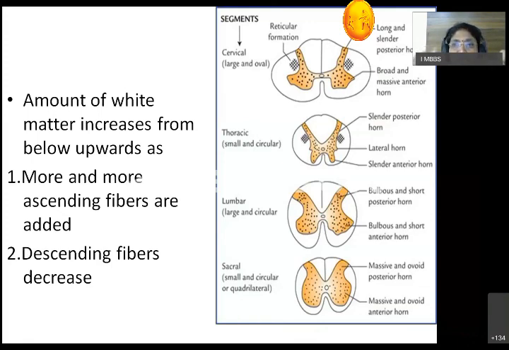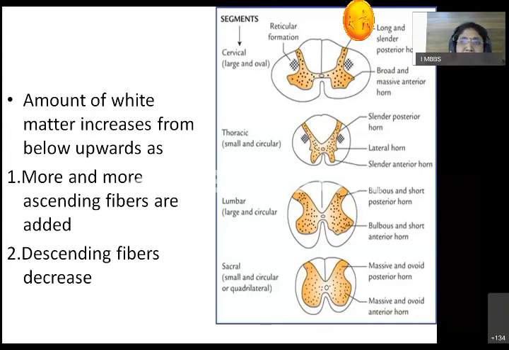As we go down, the nerve has to go more and more down. It has to take an oblique or vertical route to reach that particular intervertebral foramen, and that's why in the lower part there is formation of a bunch of nerve roots, called cauda equina.